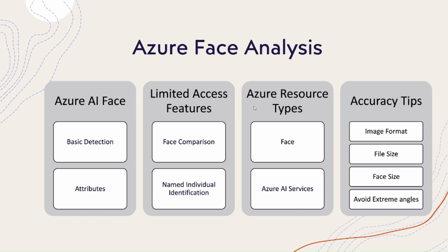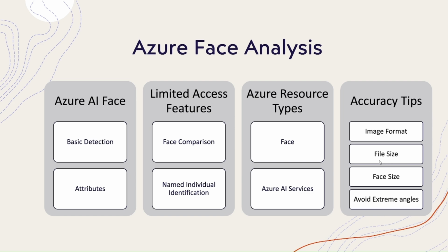There are different types of Azure resources. We can use face analysis through Azure AI services to use the features of Azure face analysis. To get more accuracy, we can improve the image by providing it in JPEG, PNG, or BMP formats.